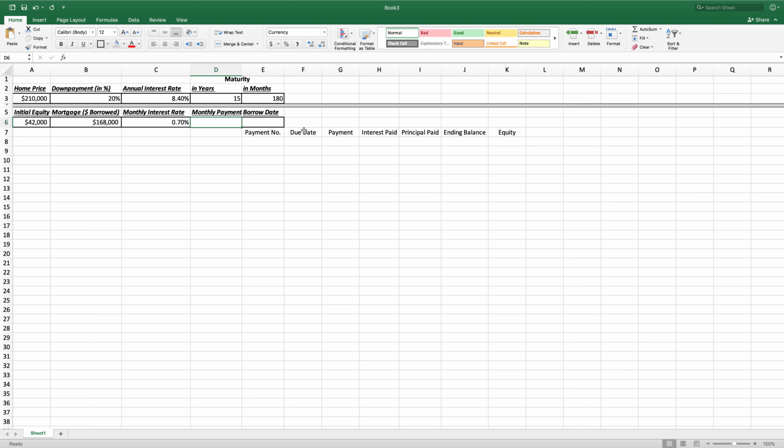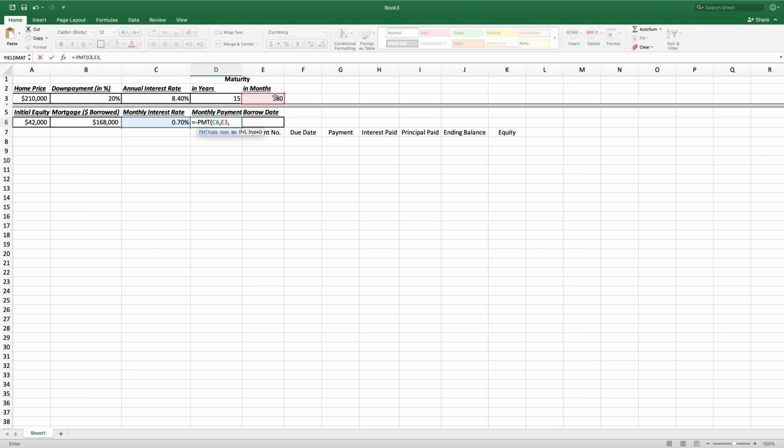And then our monthly payment. Again, I'm going to put an equal negative sign in front of this just so I get a positive number. So I'll do PMT, open parentheses. The rate is the periodic rate of 0.7% per month. Number of periods is the 180.